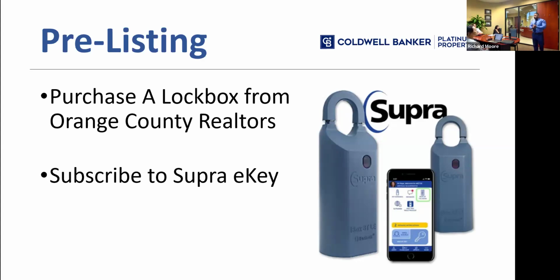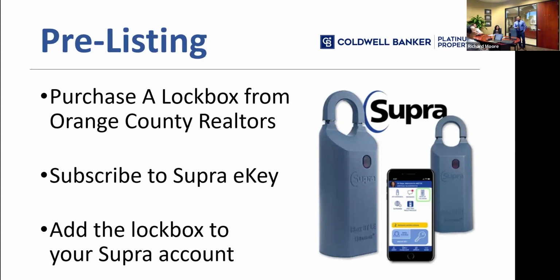So you can attach it to a door handle or a gate on the side of the house or whatever it is, so it doesn't go anywhere. But it also opens the tray on the bottom of the lockbox where you house the key, right? So you open the lockbox, there's a key in there, open the house. And then make sure that when you purchase the lockbox, you add the lockbox to your Super E-Key account.